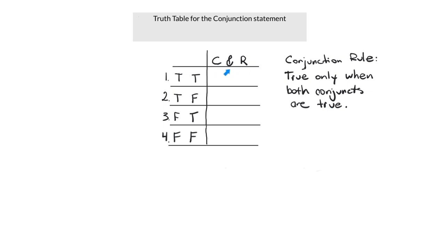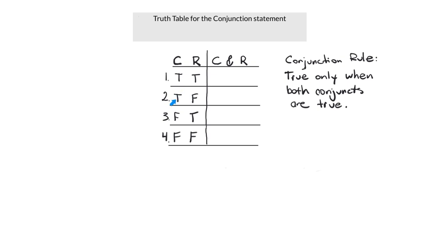So here's our conjunction. Here's our truth values. Our truth values by row just capture all the possible combinations for C, it's cold, and R, it's raining. So row 1, it's true that it's cold, it's true that it's raining.